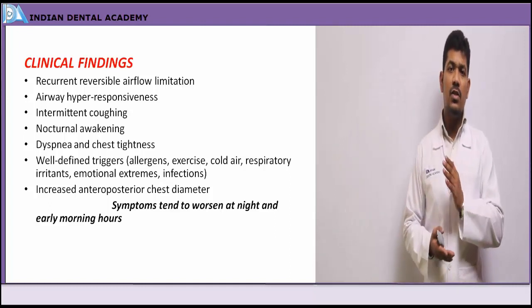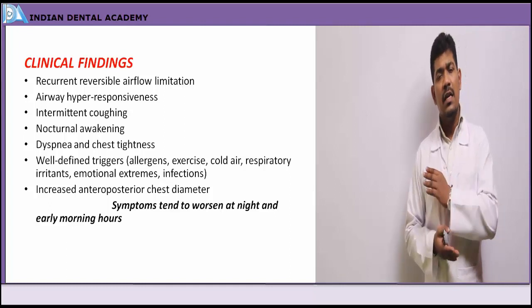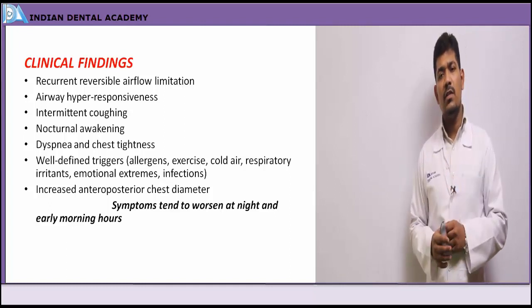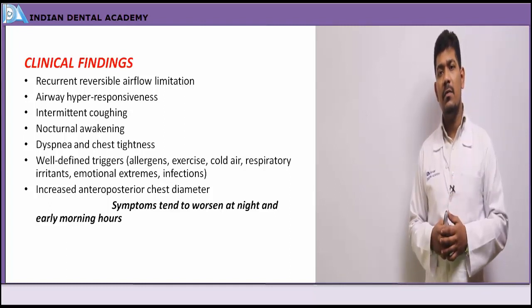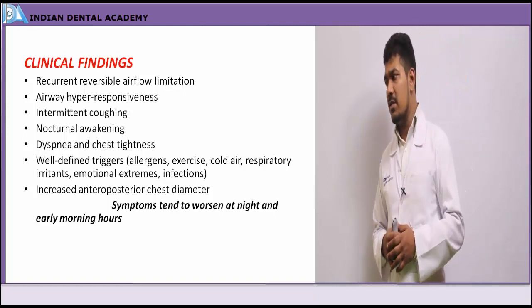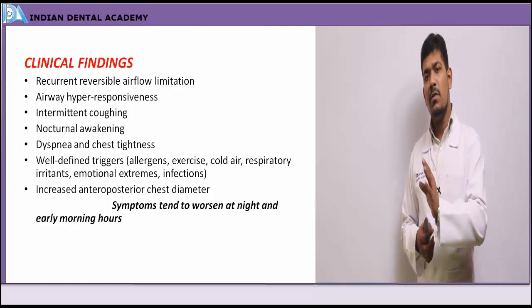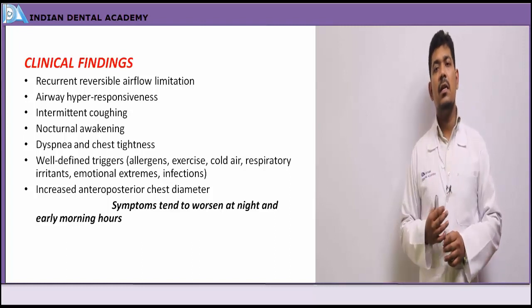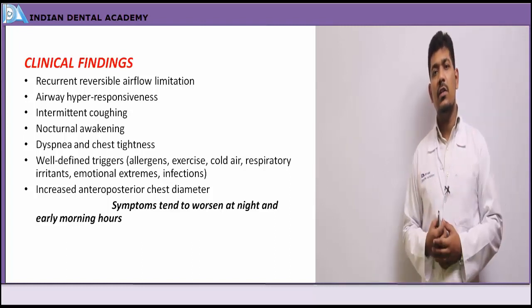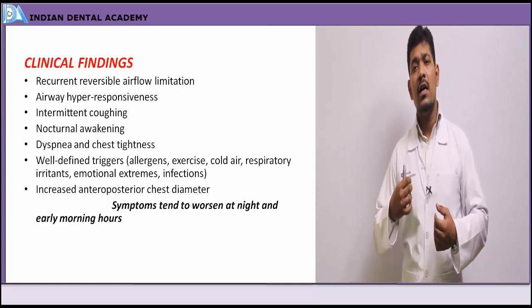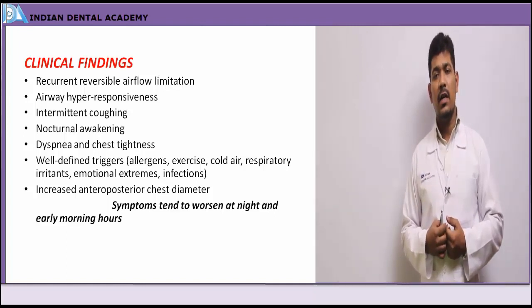Dyspnea, difficulty in breathing, chest tightness, all typical features related to difficulty in breathing or any obstruction in the airway passage. There is also increased anterior posterior chest diameter, which is one of the body's compensatory mechanisms to increase the residual volume, to increase the output of the respiratory mechanism.